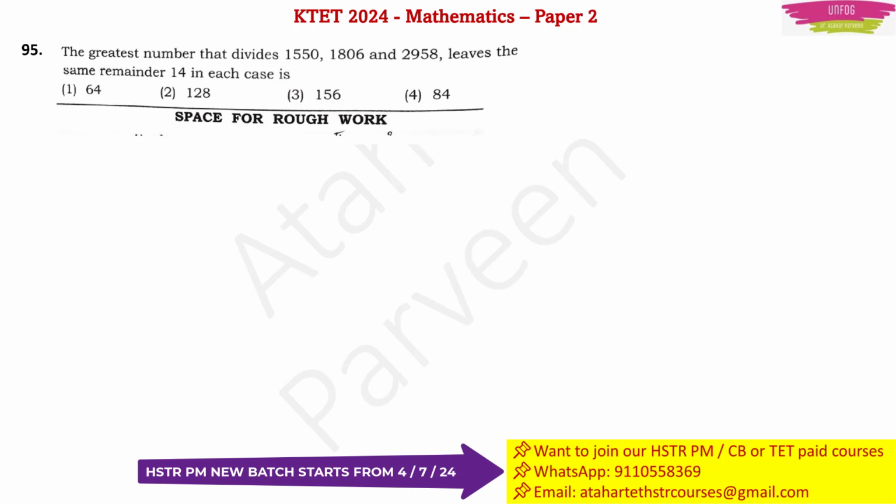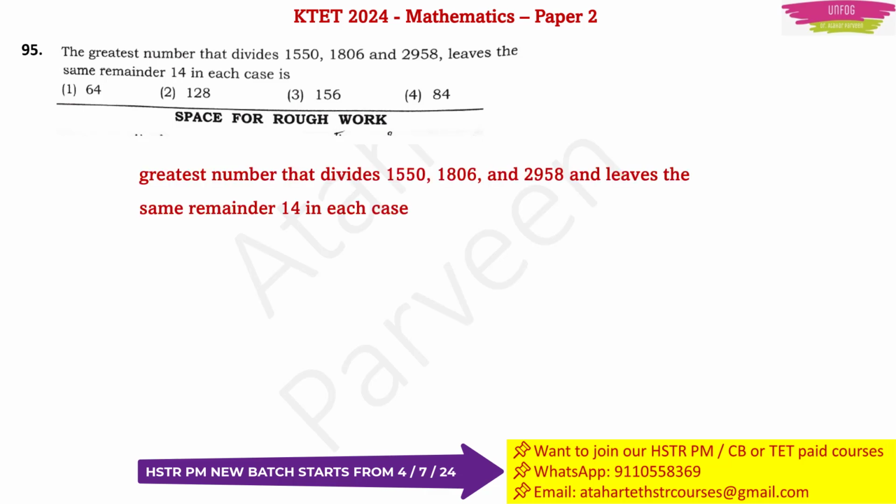So to solve this type of problem you need to have a little bit of idea about the greatest number which is dividing this and leaving the same remainder. In this type of situation you have to subtract the remainder with the given numbers. So if you subtract you will get different numbers, right? You are subtracting 14 from 1550, 1806 and 2958. So you will get 3 numbers.